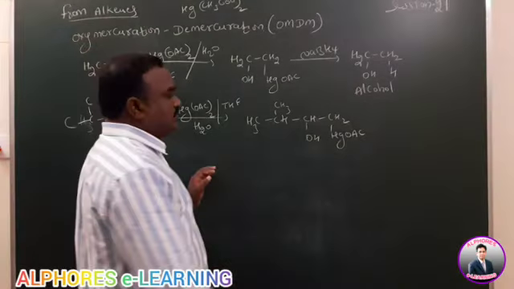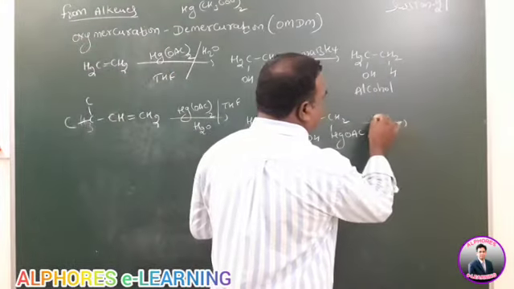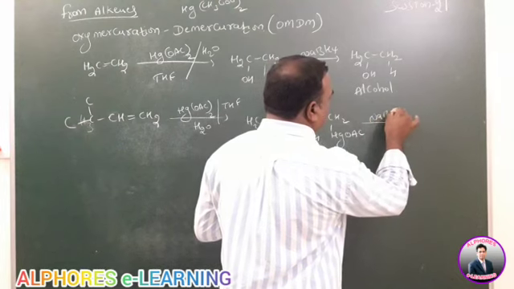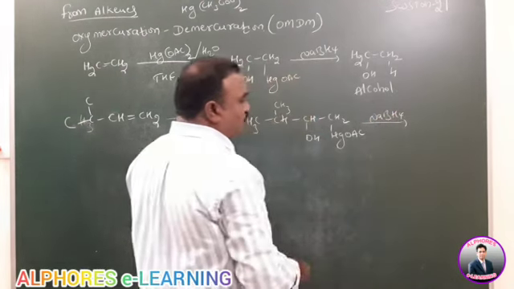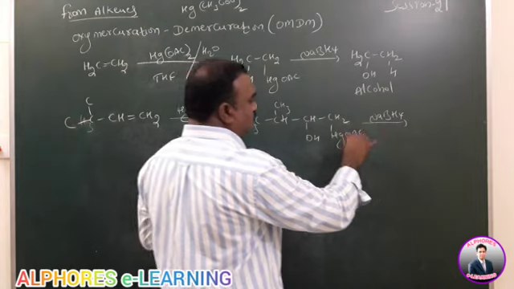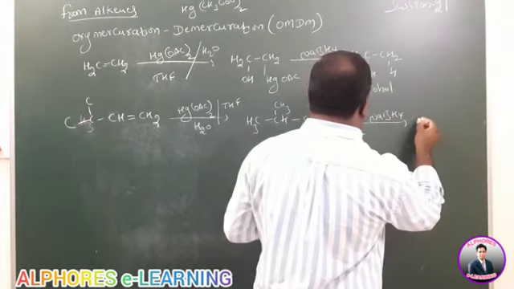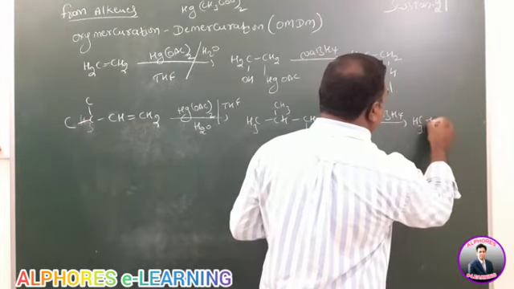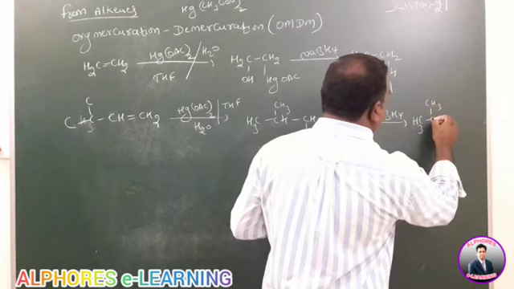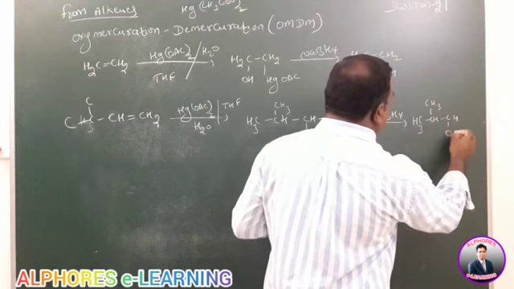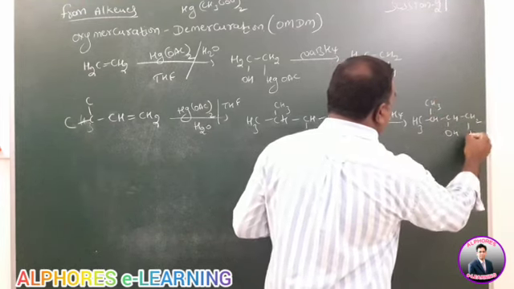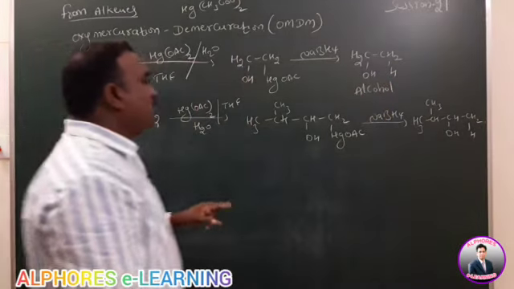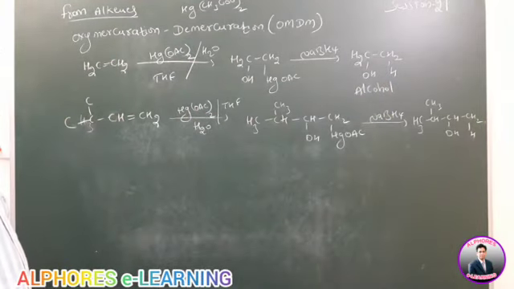The next step is the reduction step. Sodium borohydride is given, and the HgOAc is replaced by H. The final product is CHOH, again CH2H. This is the way to write that product.